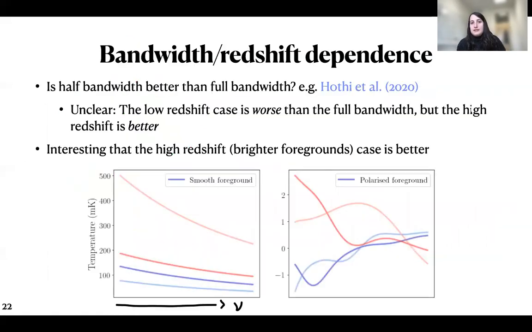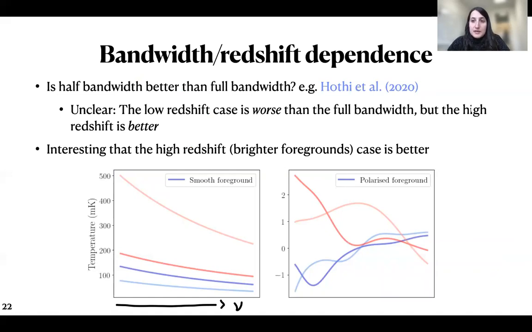So we wanted to test this because of a study last year led by Ian Houghty, which found that GPR prefers smaller bandwidths than larger bandwidths. But here we did not find conclusive evidence of this, possibly because our data is quite different. It's much lower redshift than theirs. However, we did find that GPR seems to prefer the higher redshift case.